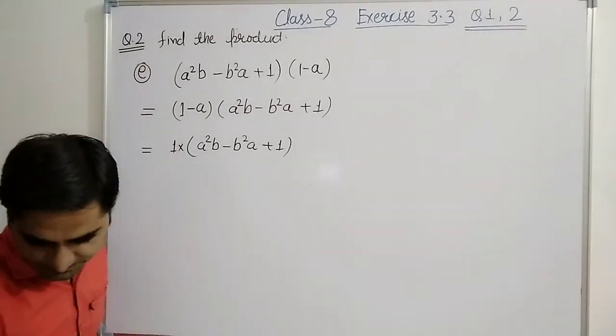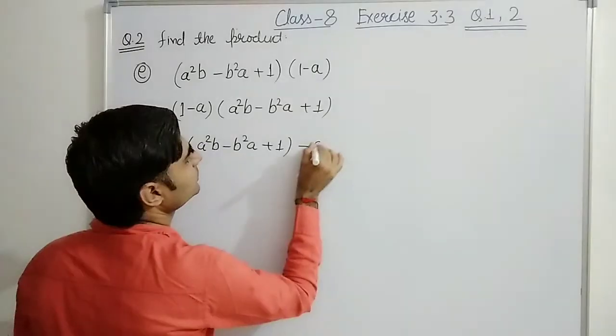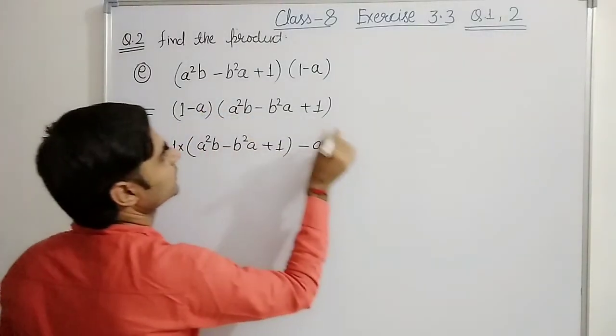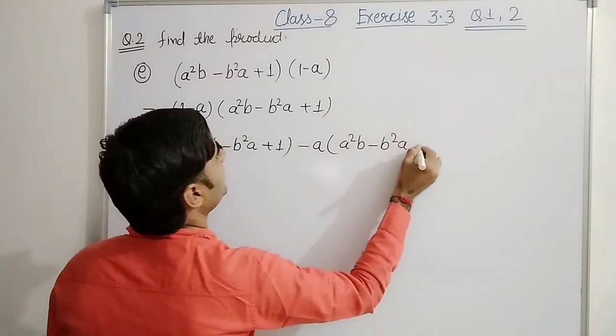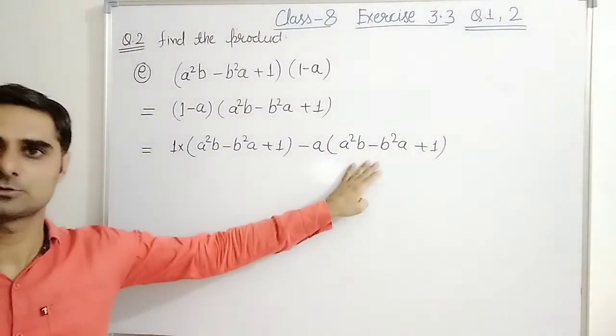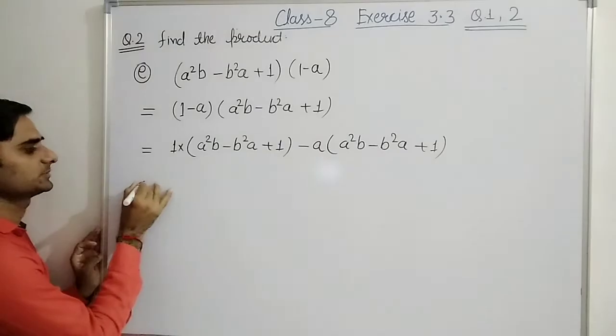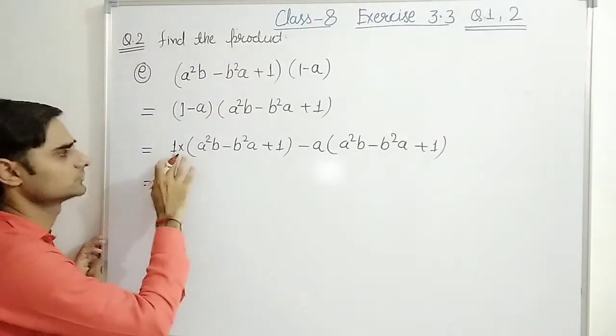Then after that this minus a also will be multiplied by this whole, that is a square b minus b square a and plus 1. So now we are multiplying this one also by 1 to all, sorry.